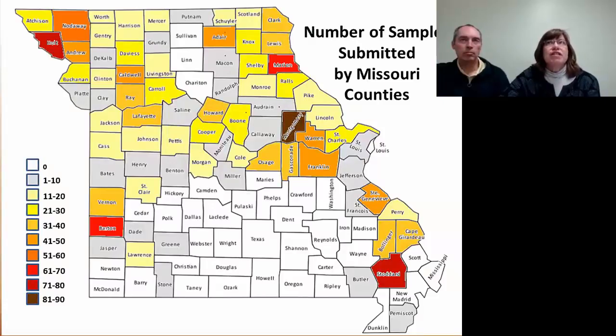So we had samples submitted by about 73 out of the 114 counties in the state, and this graph will show you how many samples within a range that we received from which counties. So we received samples from most of the state except for the south central region, which is the Ozarks, where there's very little cropping.